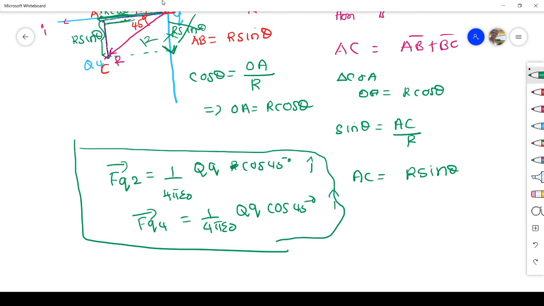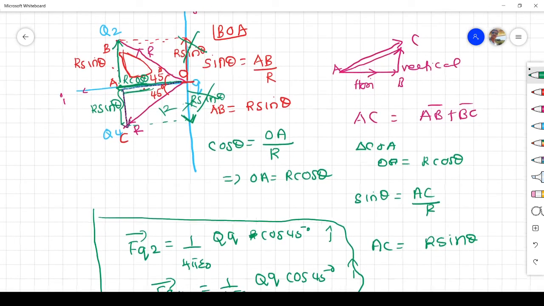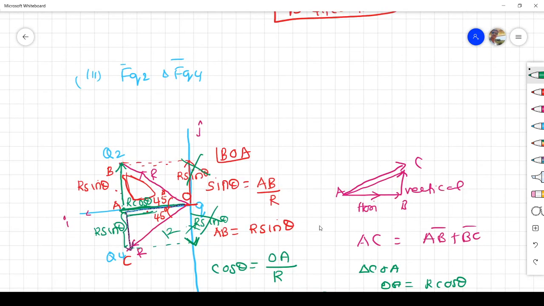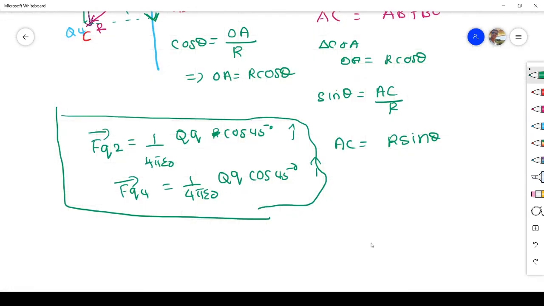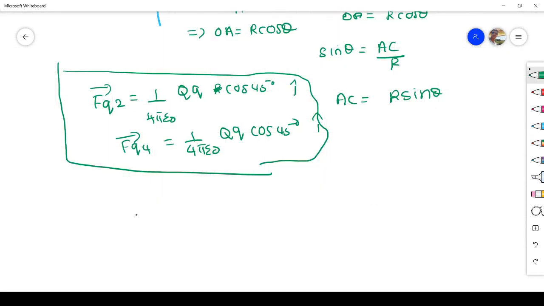Right, so what is the total force? Already we found FQ3. FQ3 is 1 by 4 pi epsilon naught QQ by R squared I cap. So what is my total force? FQ is equal to FQ2 plus FQ3 plus FQ4.